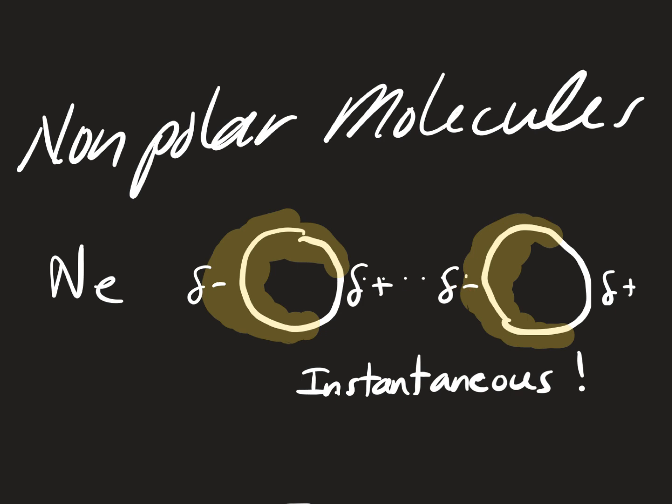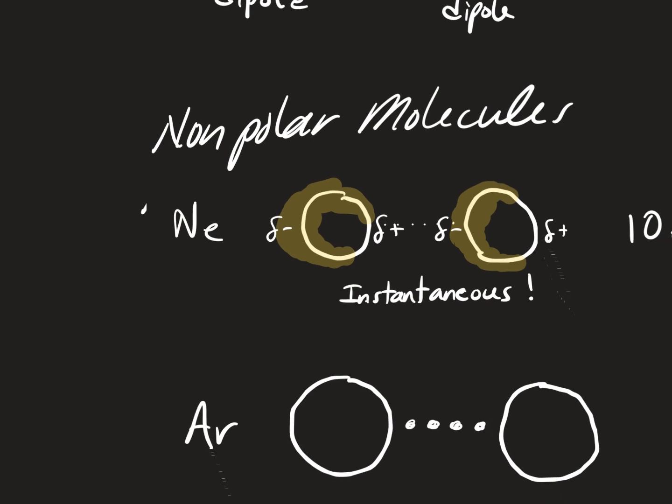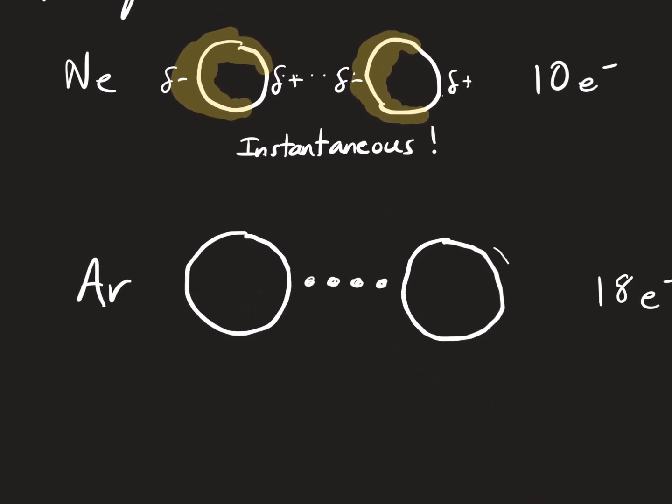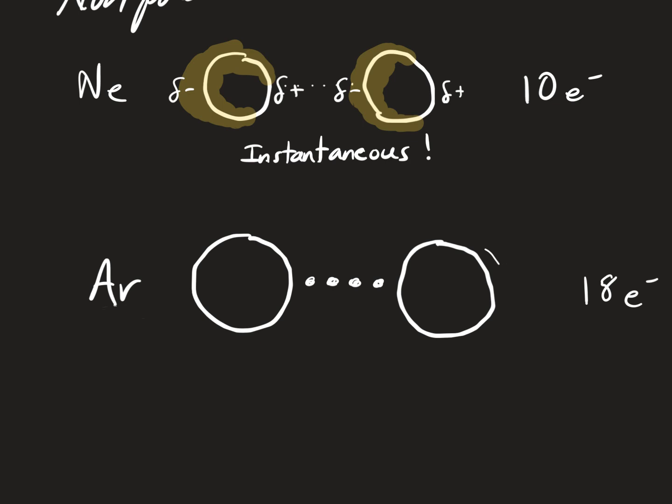It just happens, okay? And the more electrons that you have, the more this is going to happen. Now, if argon has the exact same situation, these are non-polar particles, but you can have an instantaneous polarity develop.